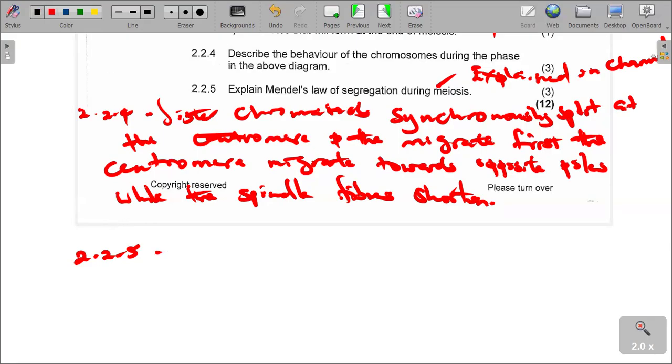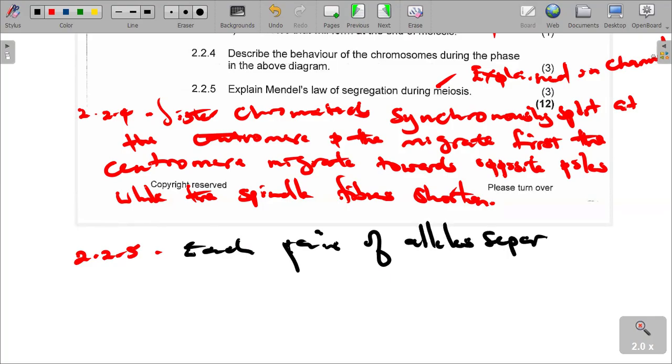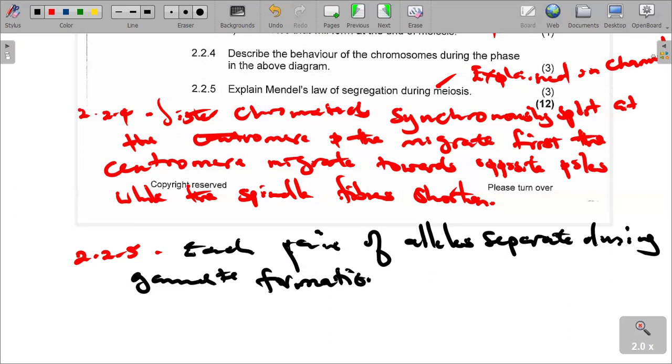Each pair of alleles separate during gamete formation.